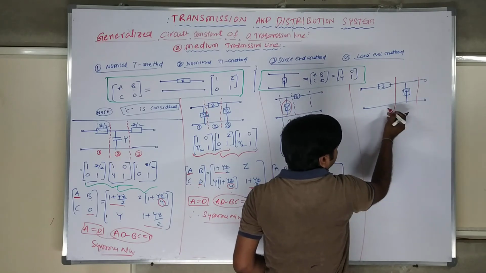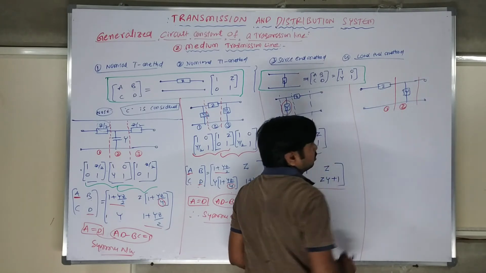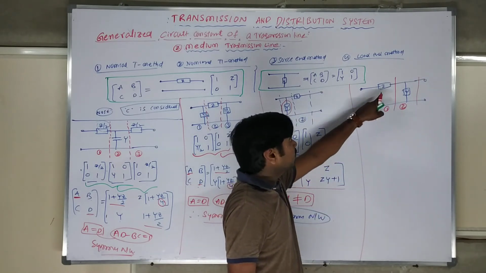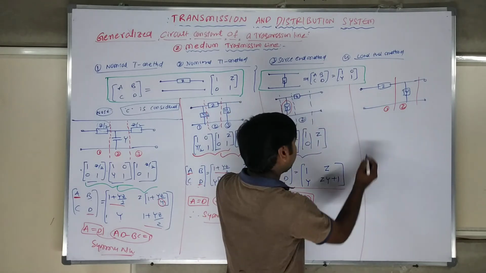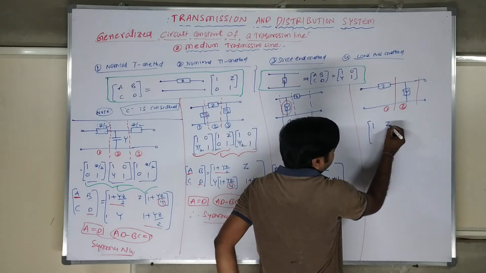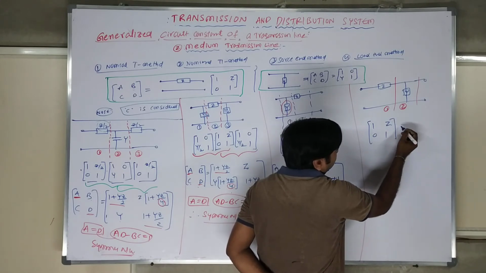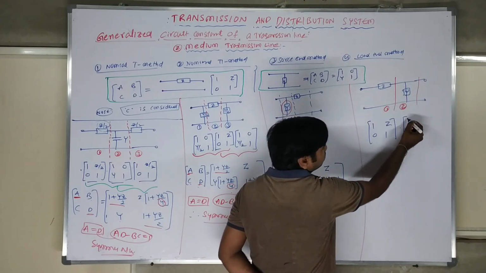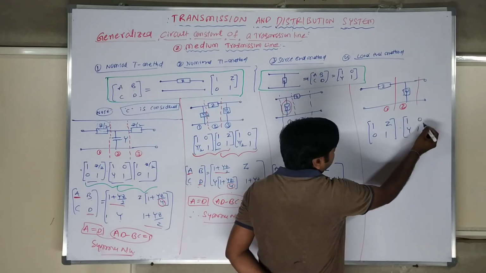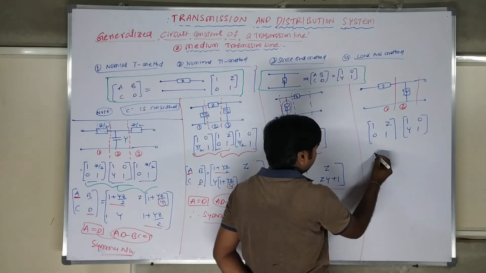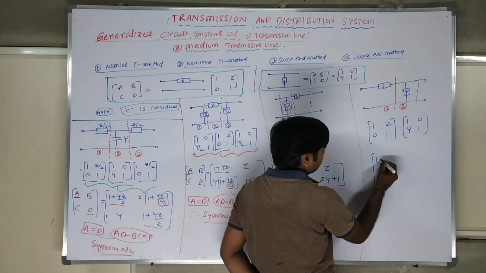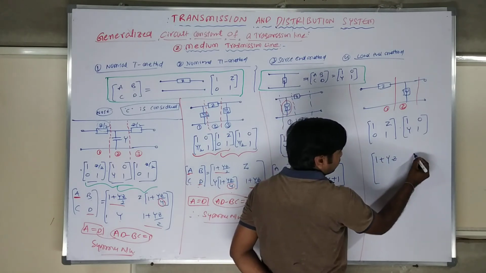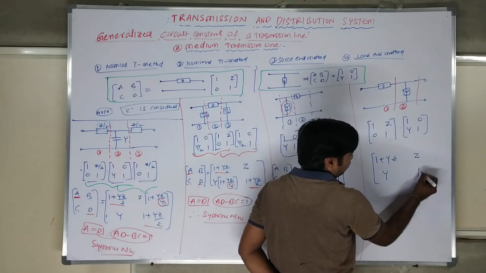Make it two parts, part 1 and part 2. Part 1 is the impedance, [1 Z; 0 1]. Next you go for the admittance matrix, [1 0; Y1 1]. If you multiply these two, you get 1 plus YZ, Z, Y1.